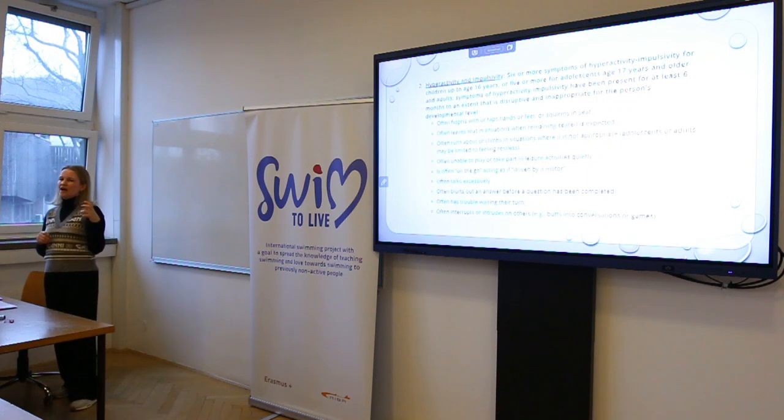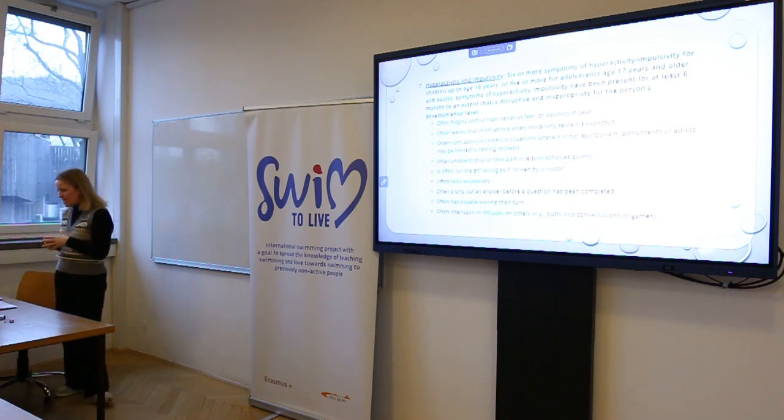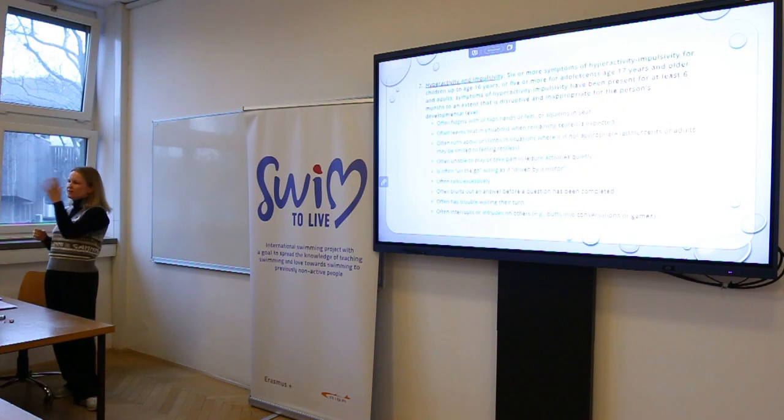But if you ask them, they will say, I'm hyperactive on the inside. So an inside feeling of restlessness, but you cannot tell by looking at them, because they are sitting still in a way. And then often leaves a seat in situations where remaining seated is expected. This is especially in school. They're running around and making trouble.